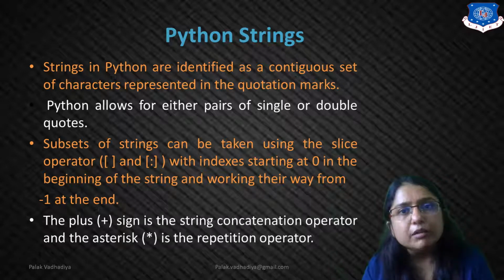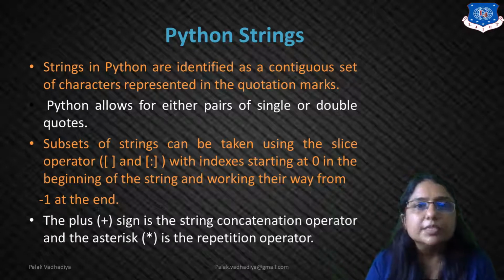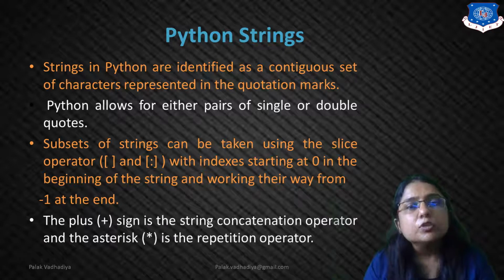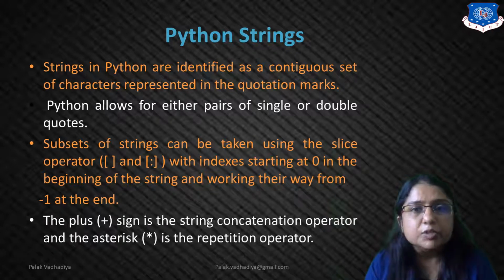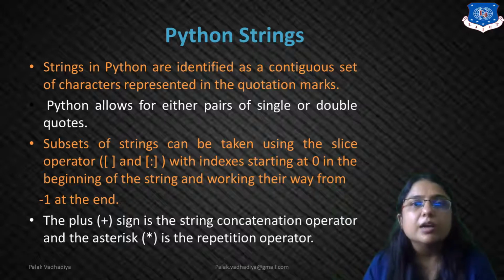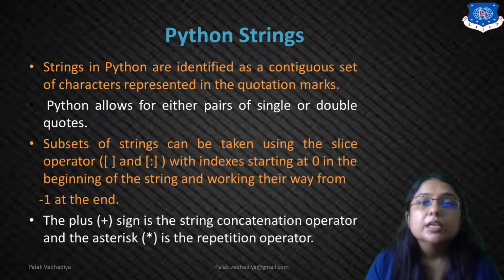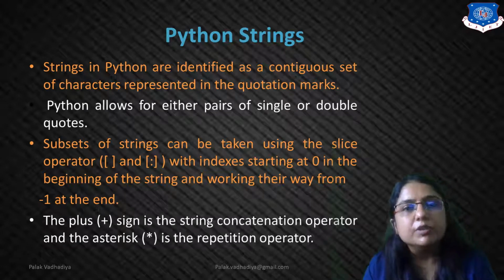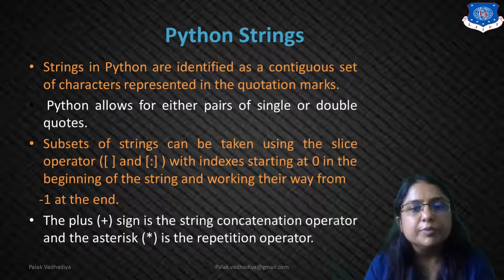Okay, that you can show with the help of single quotes or double quotation marks. Now a subset of the string can be taken using the slice operator with the indexing starting at 0, that is the beginning. So the first index of the string is marked as 0 and the last index is marked as -1. This we will see in detail when I use one string.